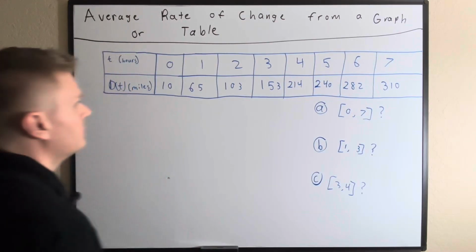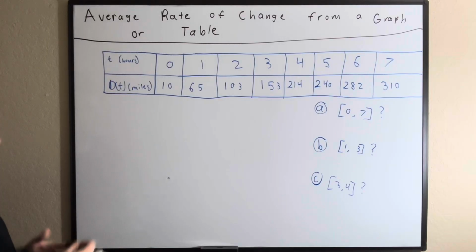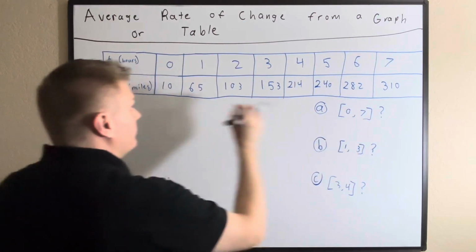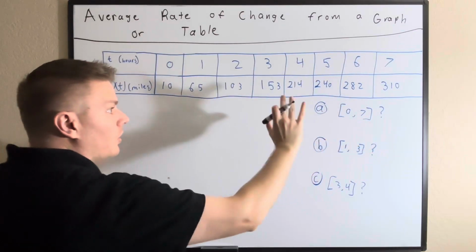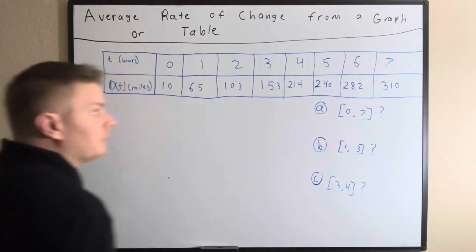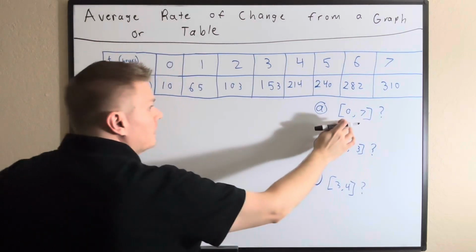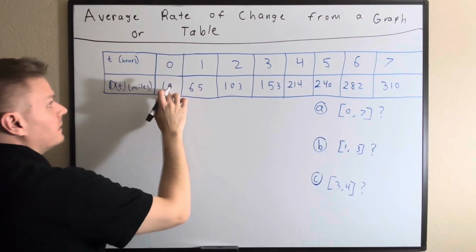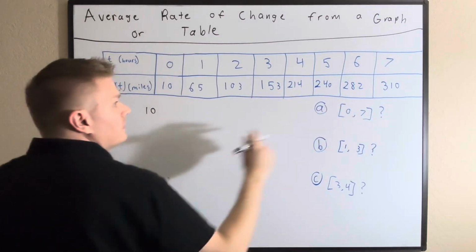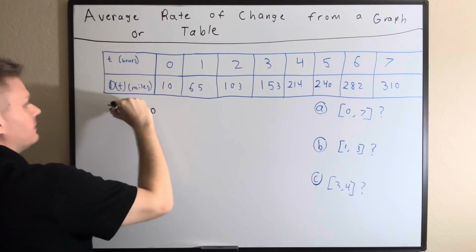Okay, so we're asked to find the average speed of this whole trip from 0 hours to 7. Now, what was their distance at 0 hours? It was 10, right? Distance at 7 was 310.